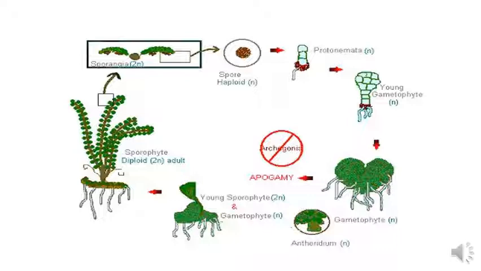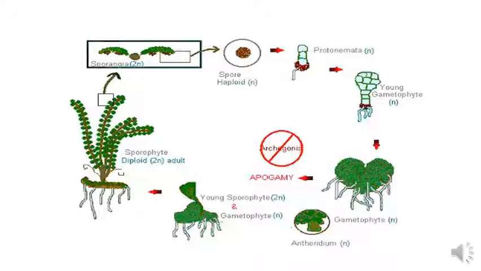In pteridophytes or in Archegoniates, generally alternation of generation takes place. Alternation of generation means there are two different phases, sporophyte and gametophyte, which alternate, coming one after another and completing the life cycle of the plant.